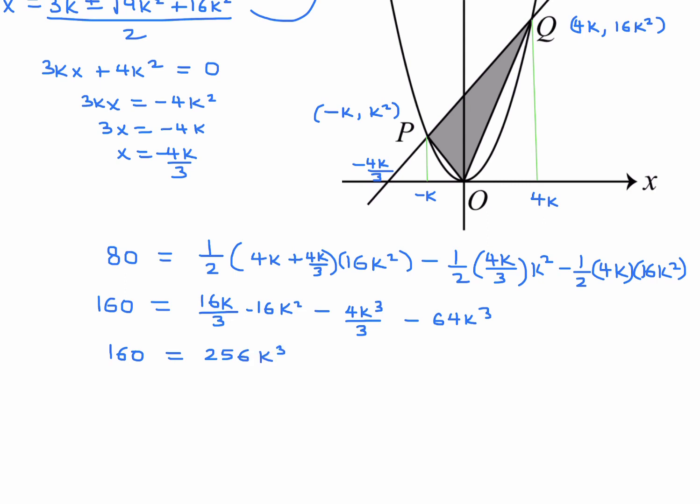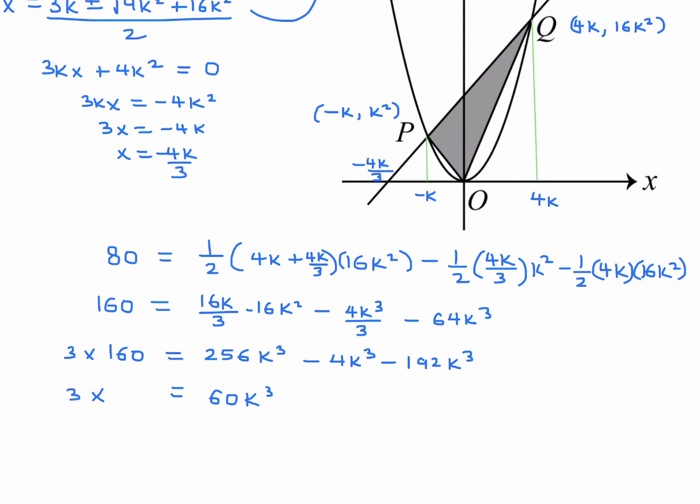And let's just multiply it through by 3 to get rid of the fractions. Minus 4k to the power of 3 minus 64k to the power of 3. Or I had to multiply the 64 by 3 also. Forgot to do that. 192k to the power of 3. Okay, so 256 minus 4 minus 192, that looks like 60k to the power of 3.